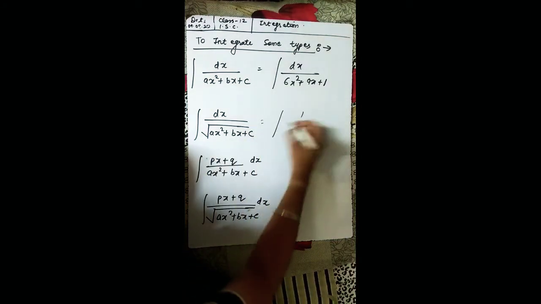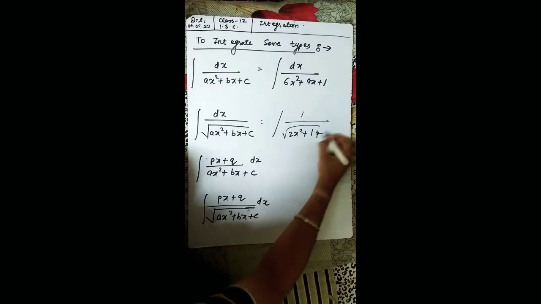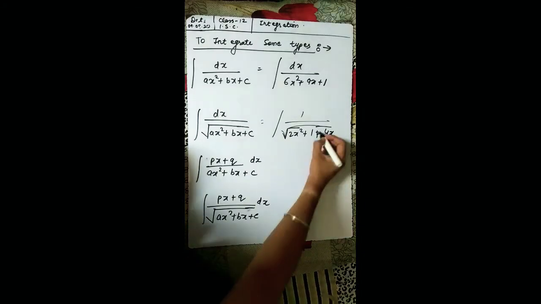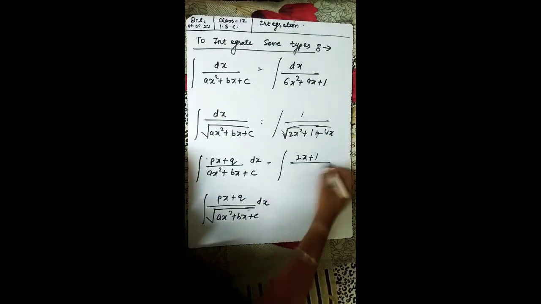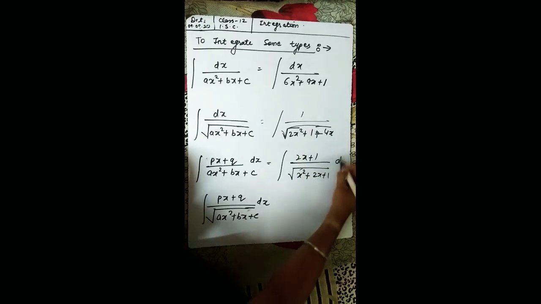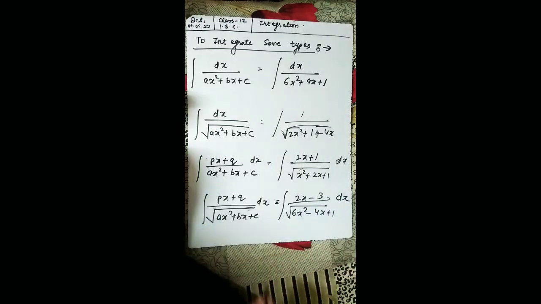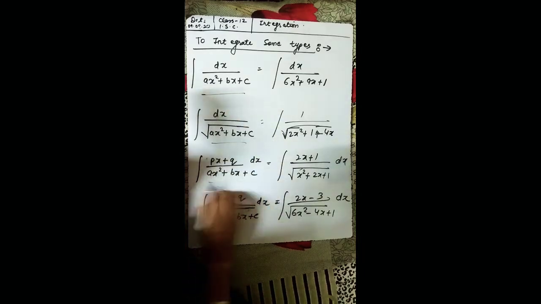Or if you have such type of question, then what to do? This is plus. Or if you have such type of question, or such type of question, then what to do? So today we will focus on these four forms.